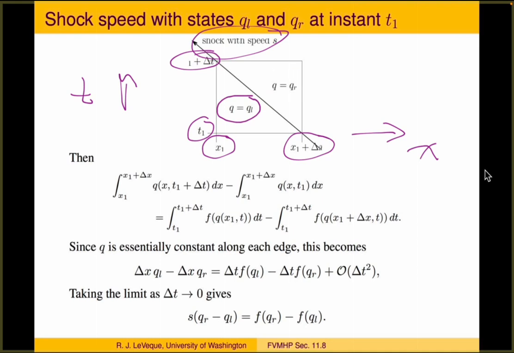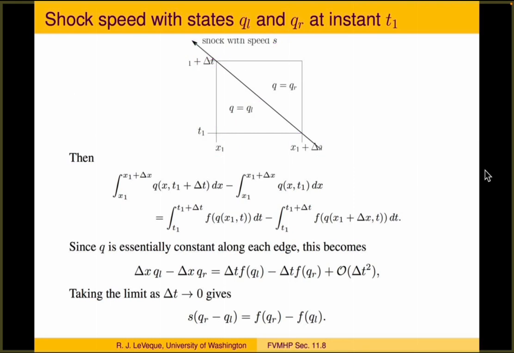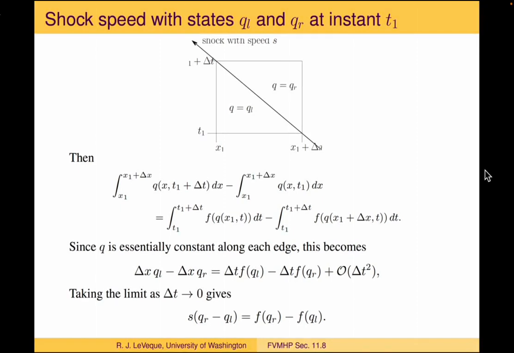And then we can look at what conditions have to be satisfied in order for this shock wave or a discontinuity moving at this speed to be a weak solution of the conservation law. And we can do that by looking at this integrated form of the conservation law, which we've seen before.